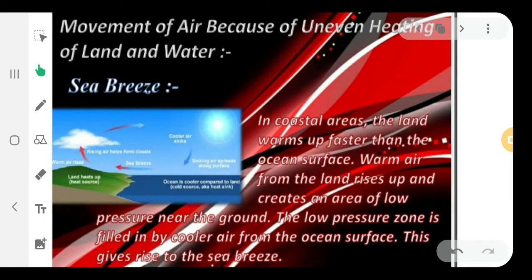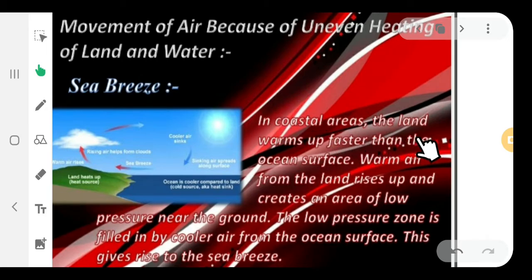Movement of air because of uneven heating of land and water. Along with the equator, land area as well as water bodies also gets heated up, and because of that also movement of air takes place. In the figure you can see this, and its explanation is given here.